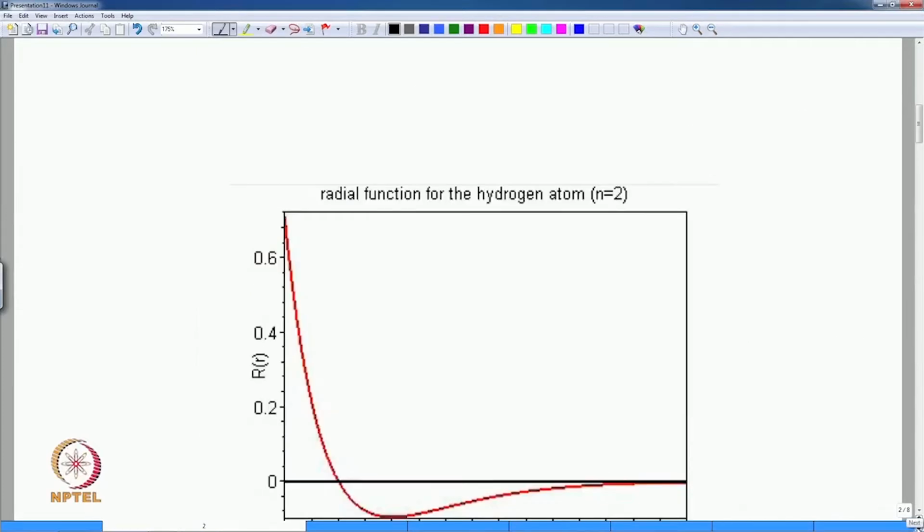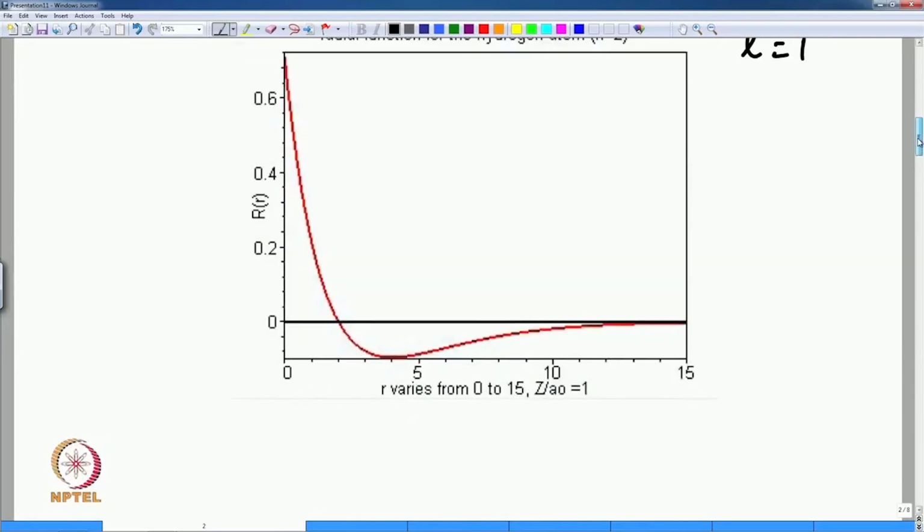What about the radial function for the hydrogen atom at n equal to 2? There are two values, l equal to 0 and l equal to 1. If I look at l equal to 0, the functional form, if you remember I wrote down, is 1 minus r by 2 a naught, times e to the minus r by 2 a naught.